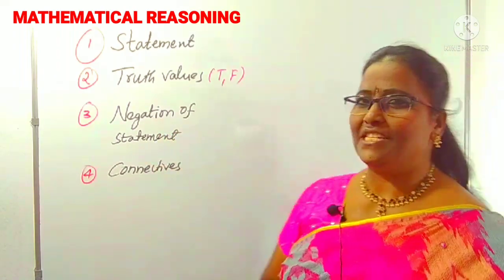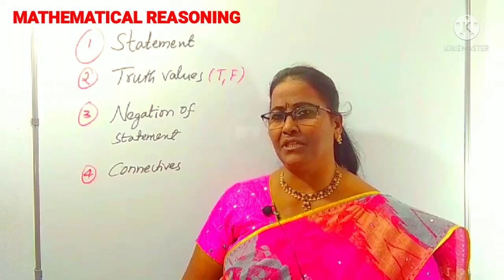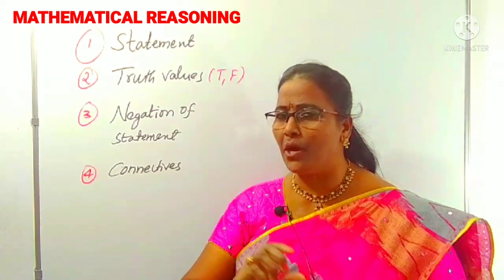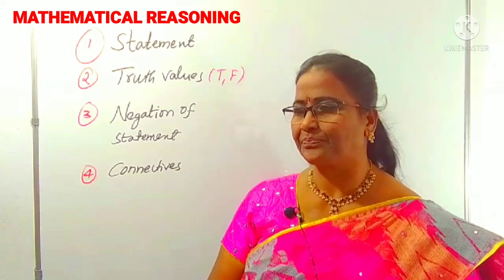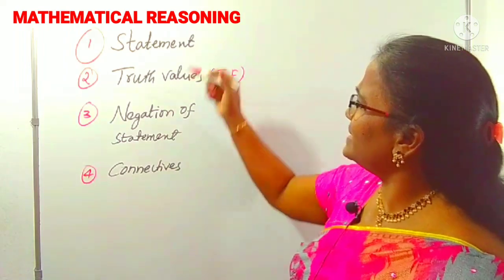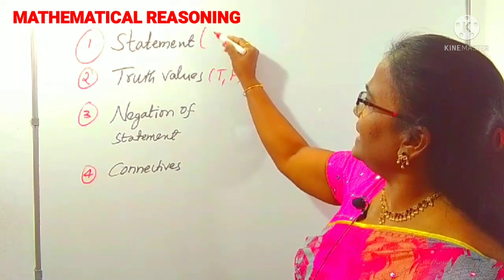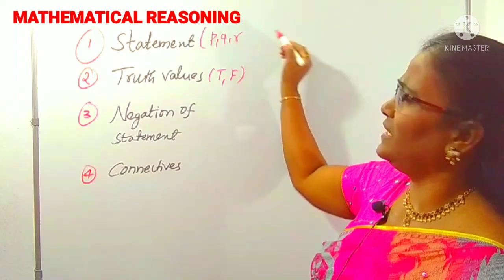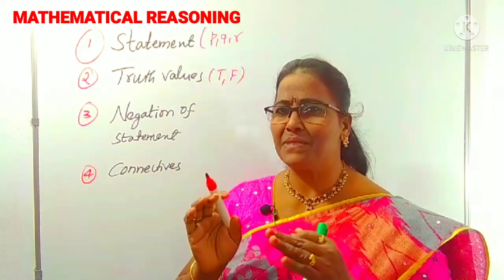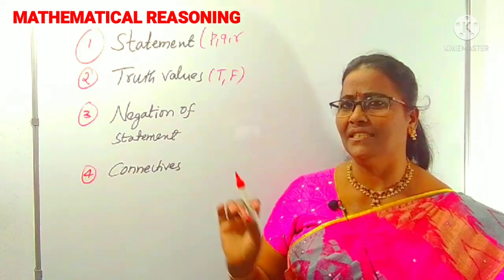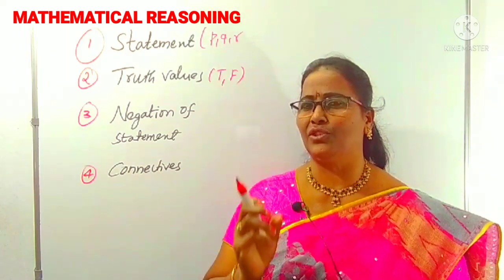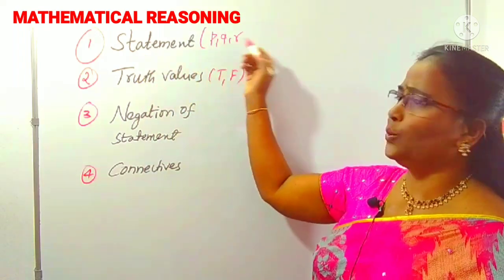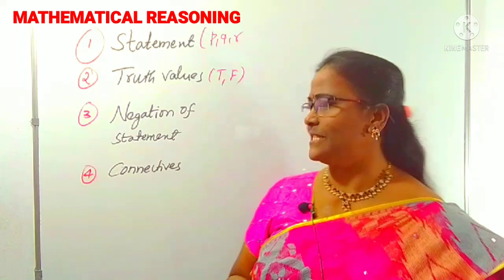The third point is negation of a statement. Negation means just the opposite of the statement. Generally, statements are denoted by letters like P, Q, R, etc. Not only small letters, we can use capital letters or some other symbols too. In math, we mostly use symbols instead of words.